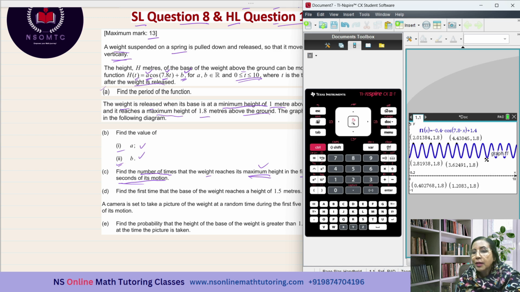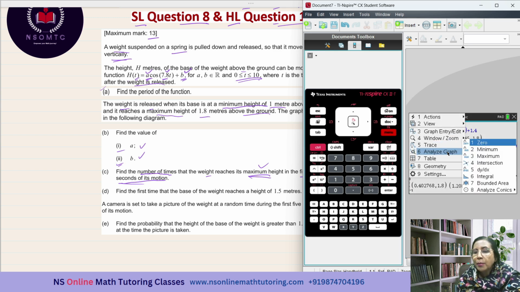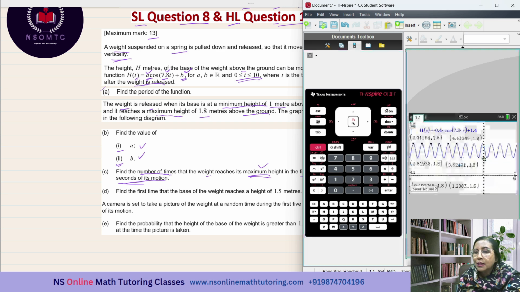Okay, and we have seen that we have only 6 maximum points before x equal to 5 or t equal to 5. But in any case, let me try the seventh one also. You see, the t value is more than 5, so I don't need it.